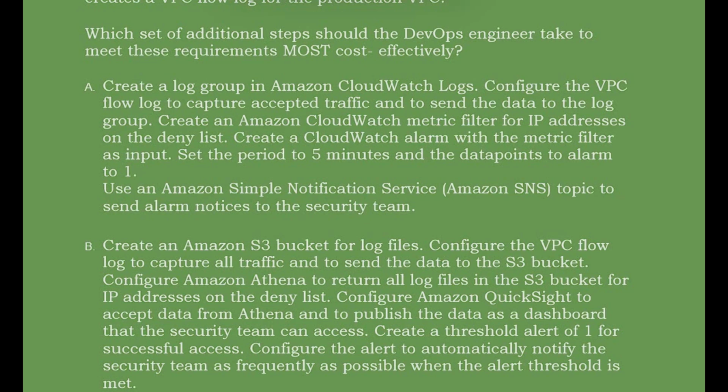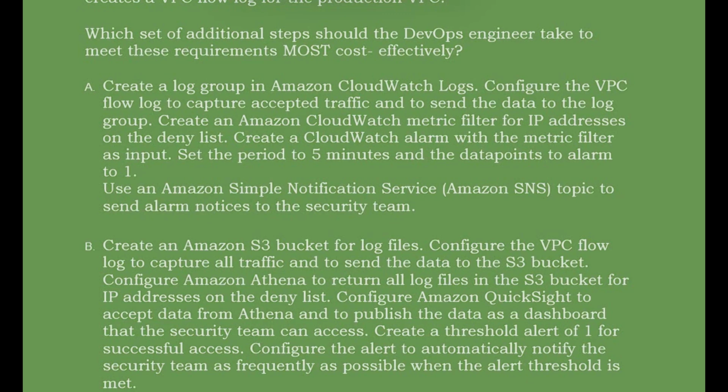Option B. Create an Amazon S3 bucket for log files. Configure the VPC flow log to capture all traffic and to send the data to the S3 bucket. Configure Amazon Athena to return all log files in the S3 bucket for IP addresses on the deny list.